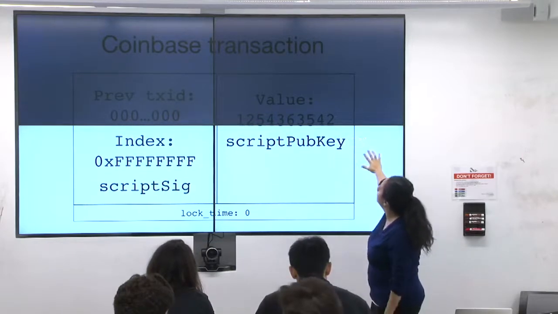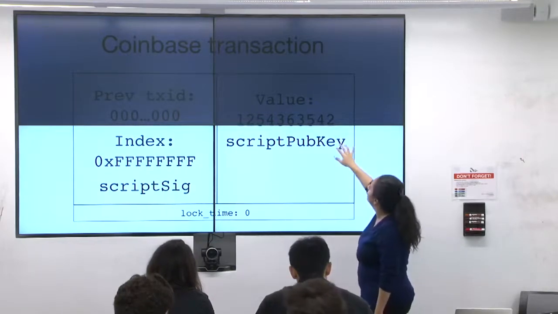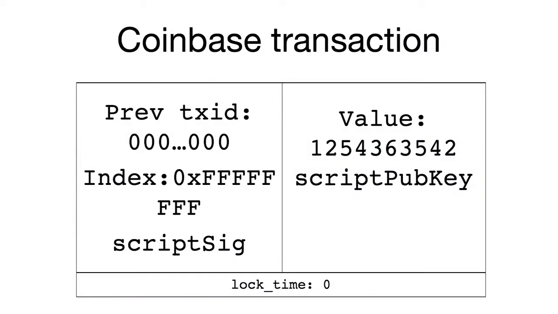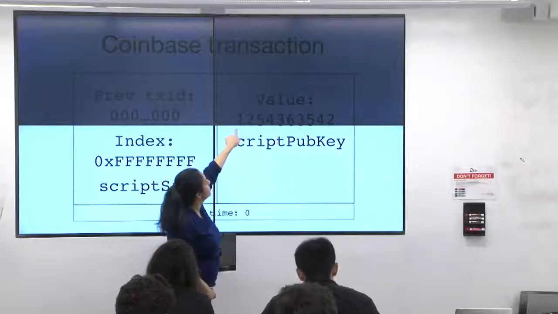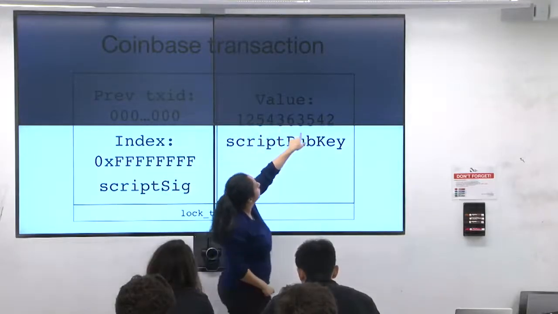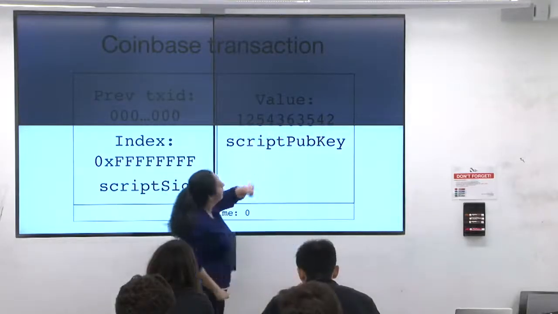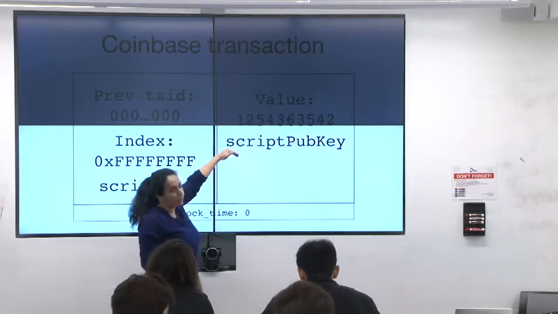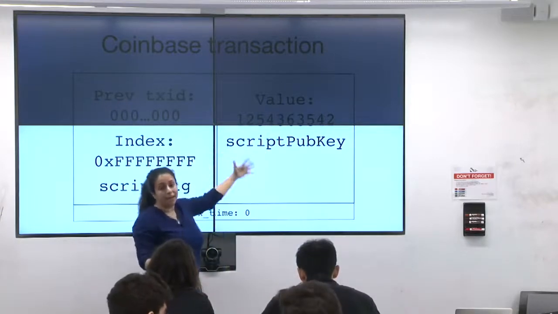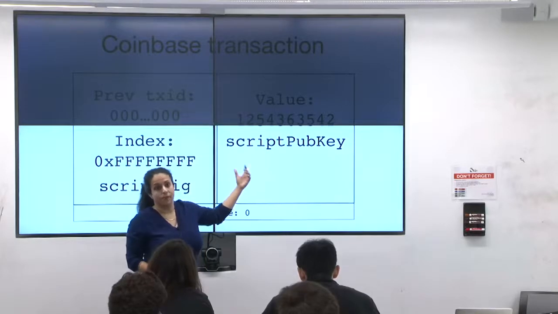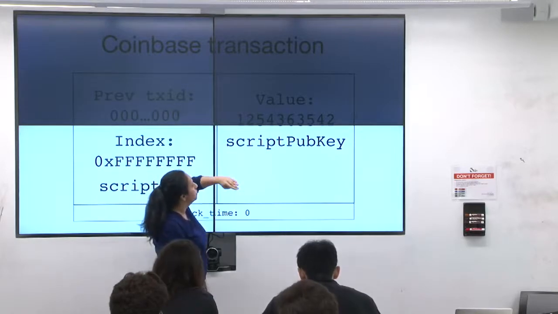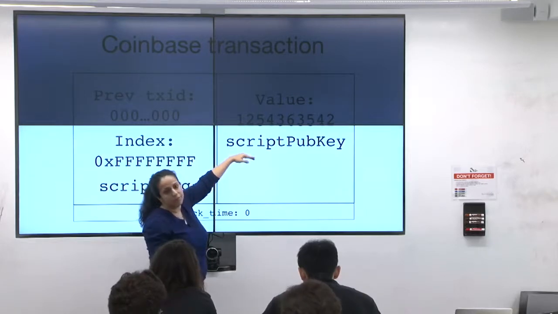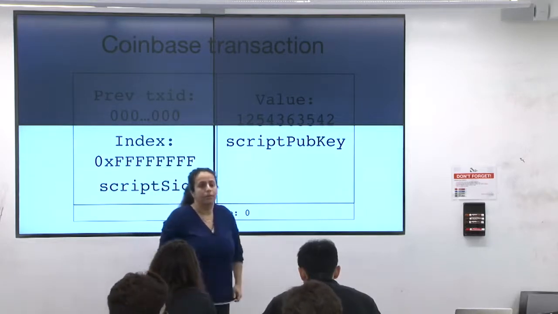And then its output is in Satoshis. So this is 12.5 Bitcoin, because remember, a Bitcoin is 10 to the 8th Satoshis. So this is 12.5 Bitcoin plus the fees from that block. The miner is the one who creates this transaction, and the miner who creates it probably wants to give themselves the Bitcoin and the block reward.